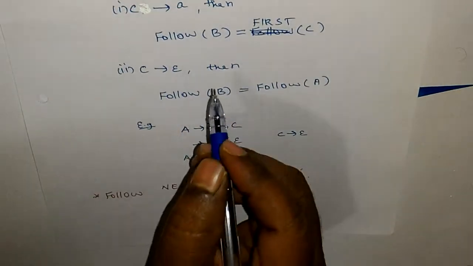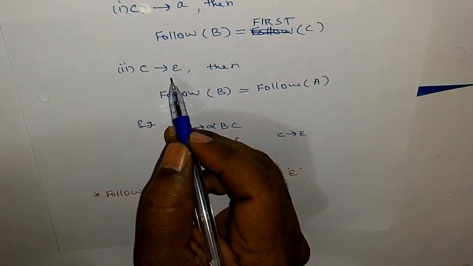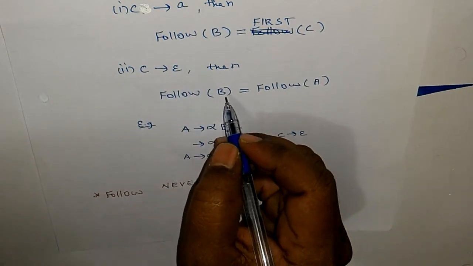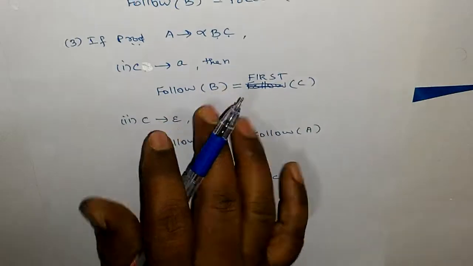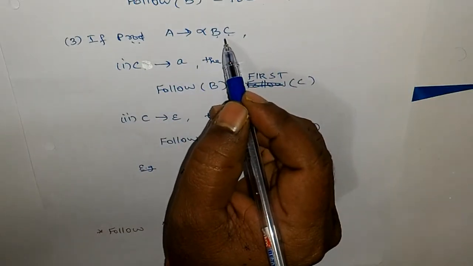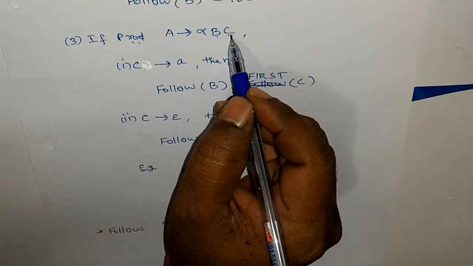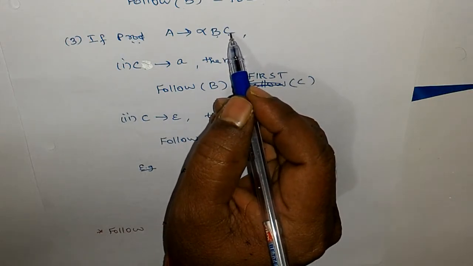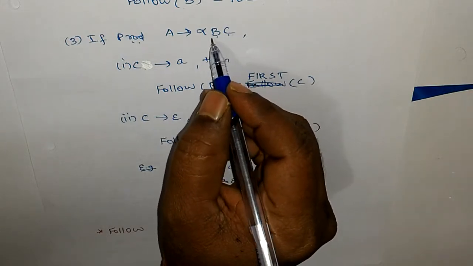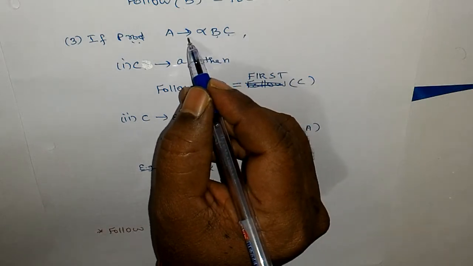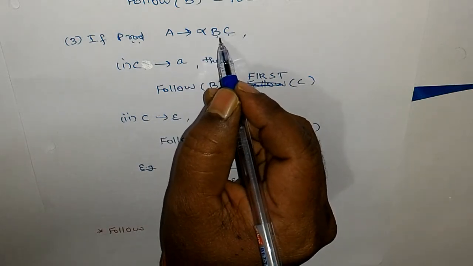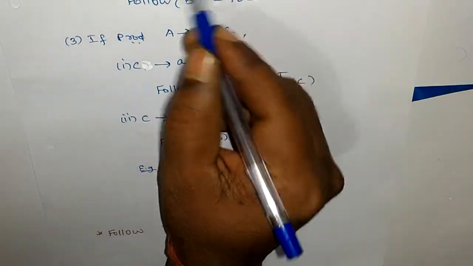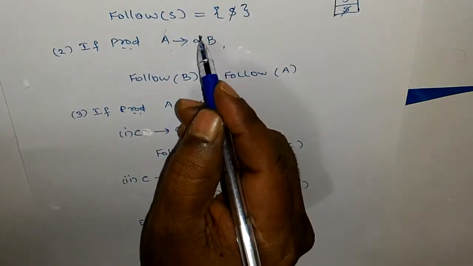Otherwise, if C is epsilon, then that epsilon has to be substituted here. So if C derives epsilon, epsilon has to be substituted here, then it will go away. So again we will get the production A derives alpha B. So since it is alpha B, then it will follow this previous step.